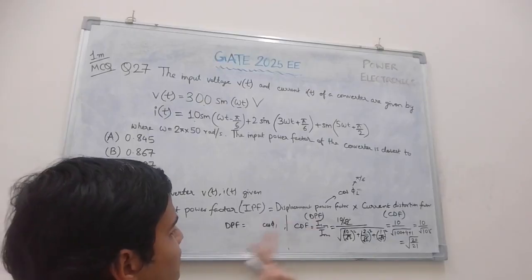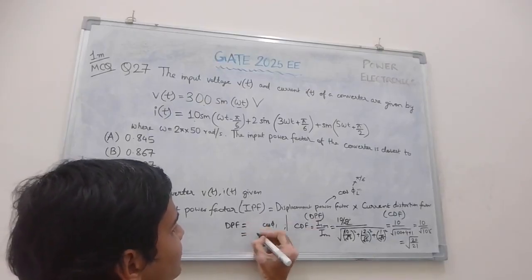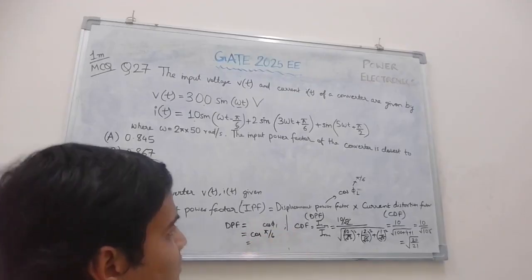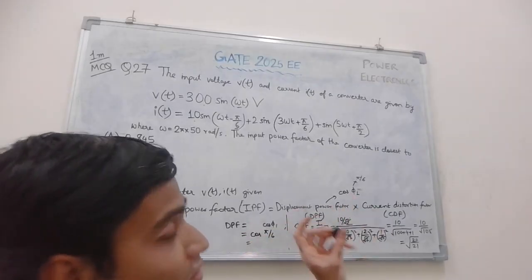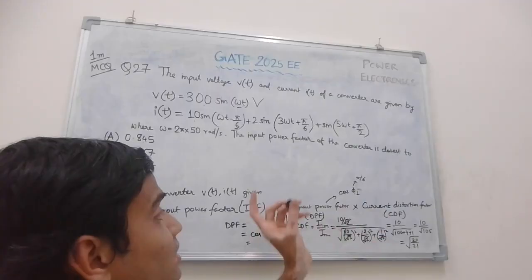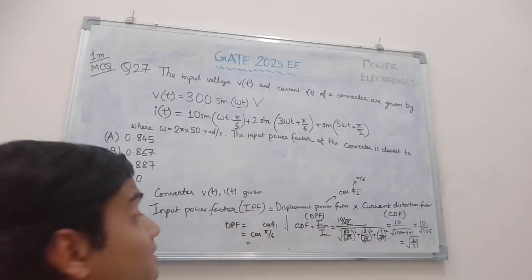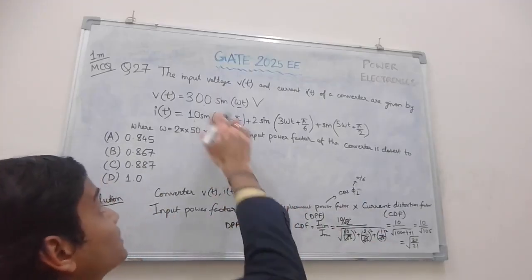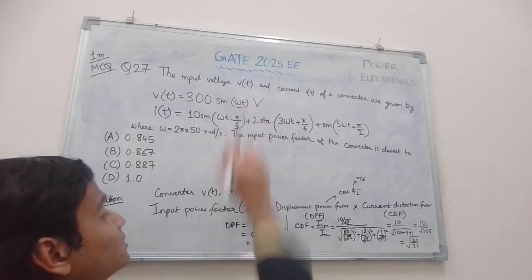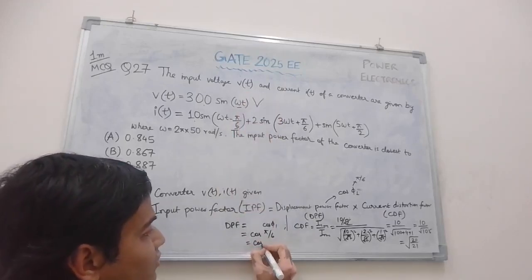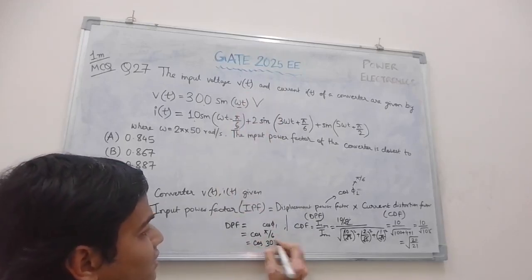DPF will have only cos phi. So simply we have to put here cos of pi by 6. This displacement power factor is the cosine of the phase angle between the fundamental voltage and fundamental current. So it will be cos of pi by 6, that is the phase difference, phase angle. So cos of 30 degree, which is root 3 by 2.